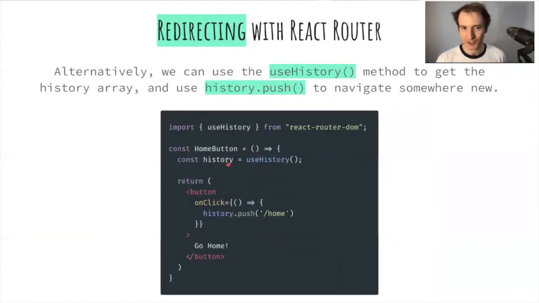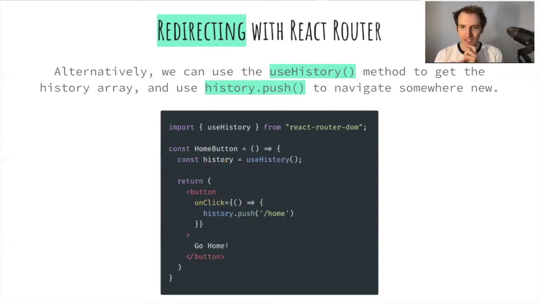And with this history value, you can use the push method to add a new route onto the history of pages that you've been on, essentially. So history essentially is an array which has all of the routes that you've visited.